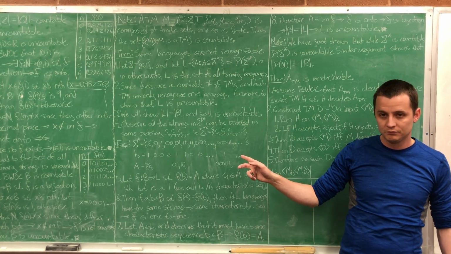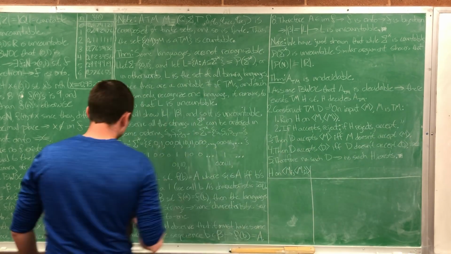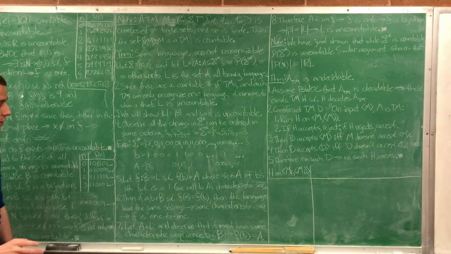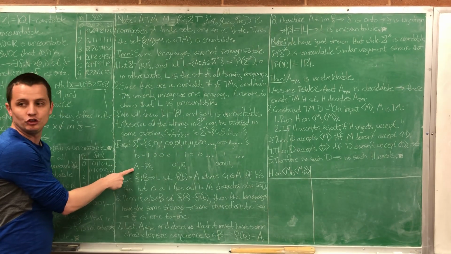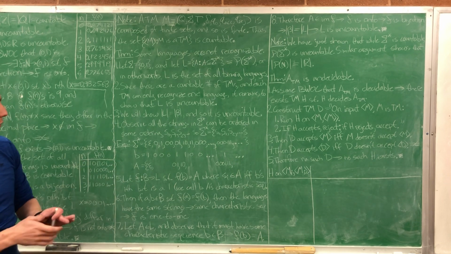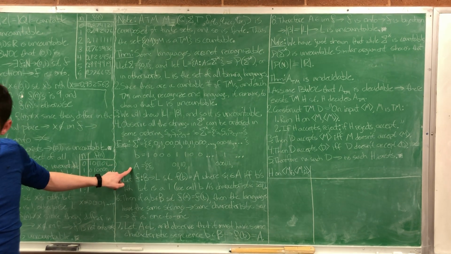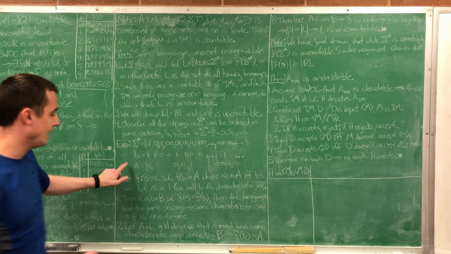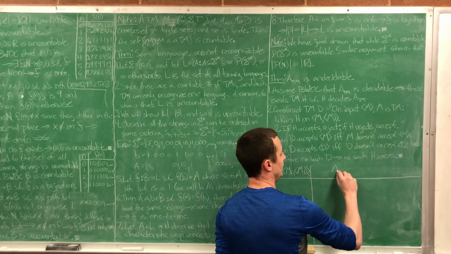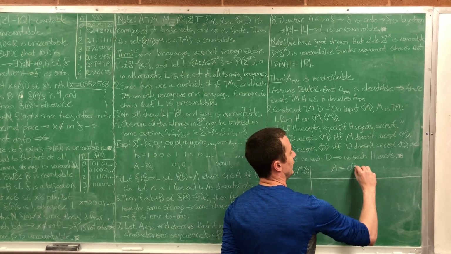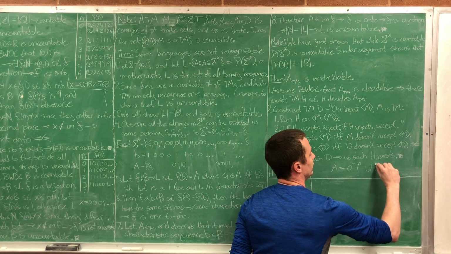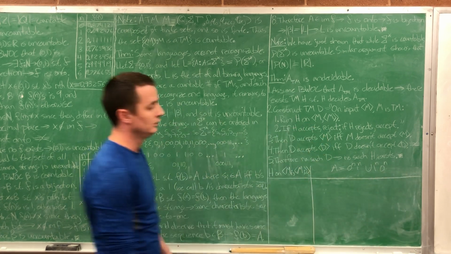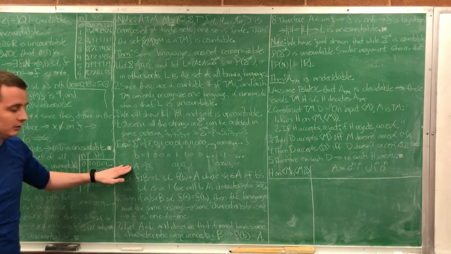You with me? Now, what I'm going to do is for any language you pick, you pick any random language A. That's a language of binary strings. The A I happen to choose here is A equals 0^n 1^n union 1^n 0^n. That's the A I happen to choose here.